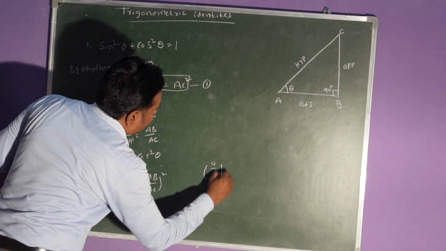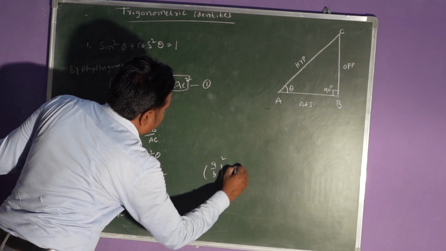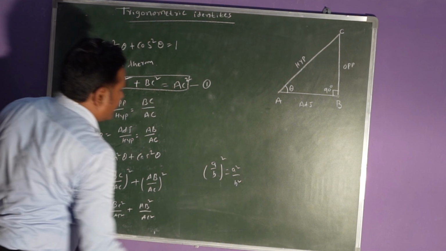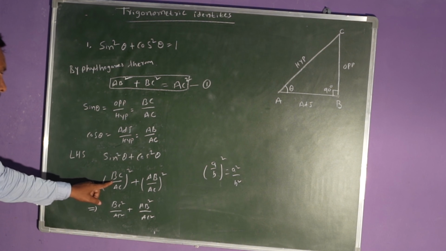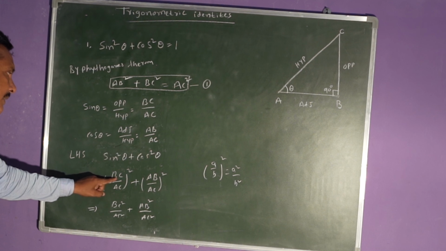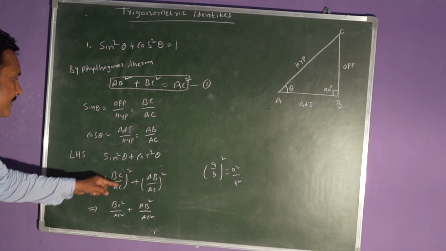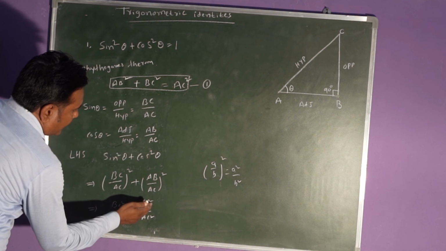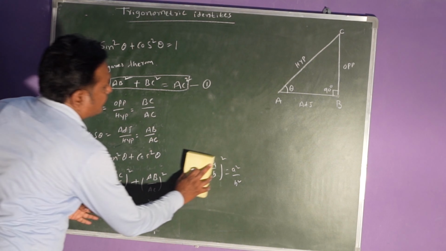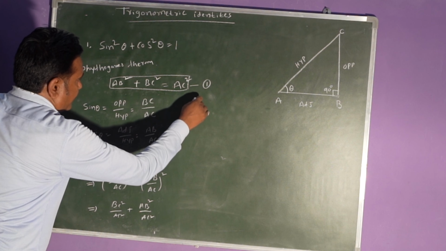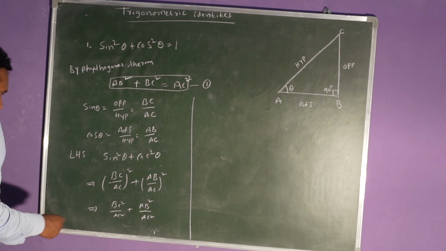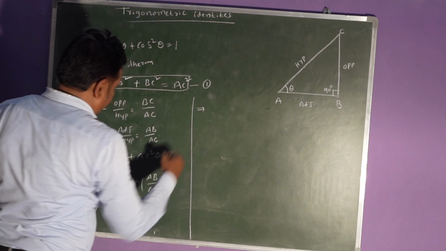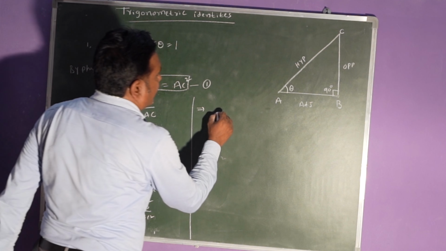A by B whole square is equal to A square by B square. That's why BC by AC whole square is equal to BC square by AC square, and AB by AC whole square is equal to AB square by AC square. And then, what comes in the next step? Here the LCM is AC square.